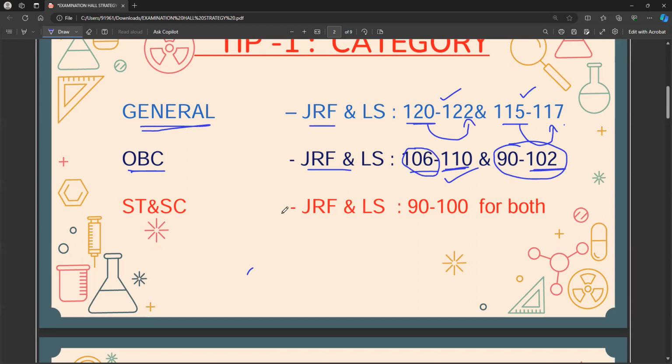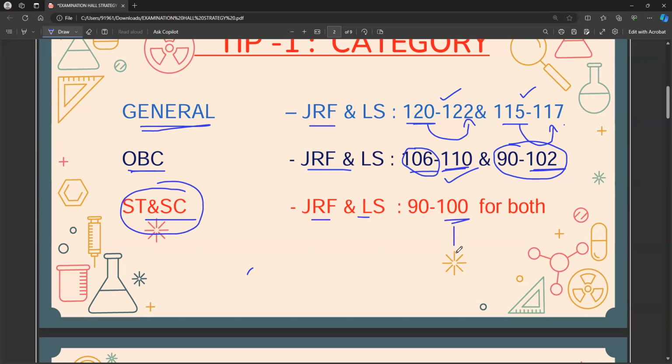Now, in the case of ST and SC, please don't make this mistake. ST and SC people, you can easily qualify the exam if you understand the question paper pattern correctly. I have included both ST and SC categories, and for both the JRF and LS I have given 100 marks.